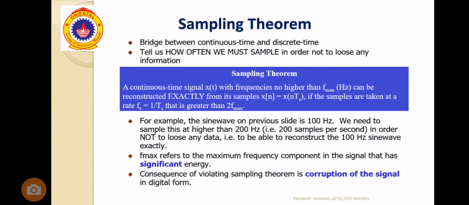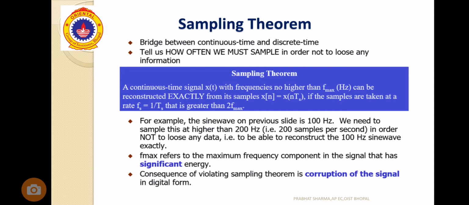Sampling theorem. What is the sampling theorem? Most important topic, sampling theorem. According to the sampling theorem, a continuous time signal x(t) with frequencies no higher than fm Hz can be completely reconstructed from its samples x[n] equals x(nTs) if the samples are taken at the rate fs equals 1 by Ts, which is greater than twice fmax.